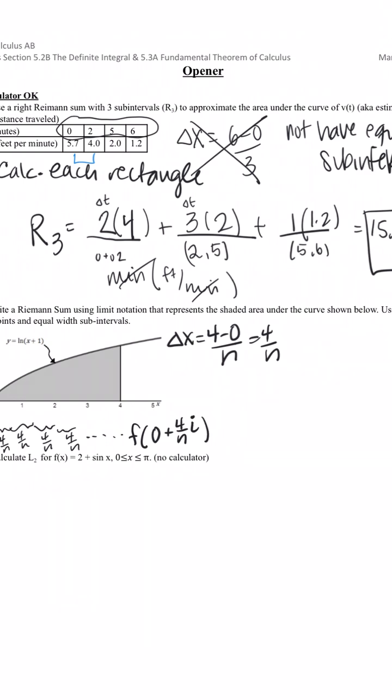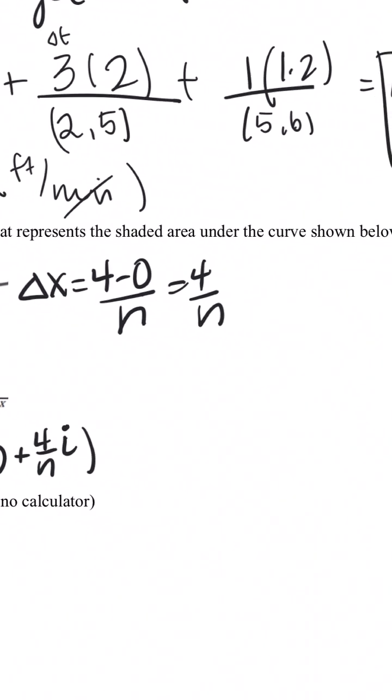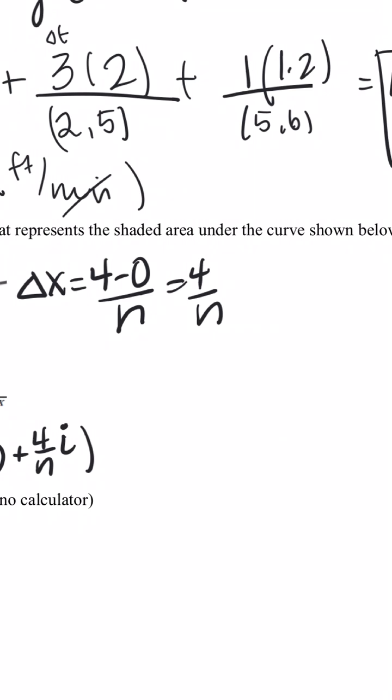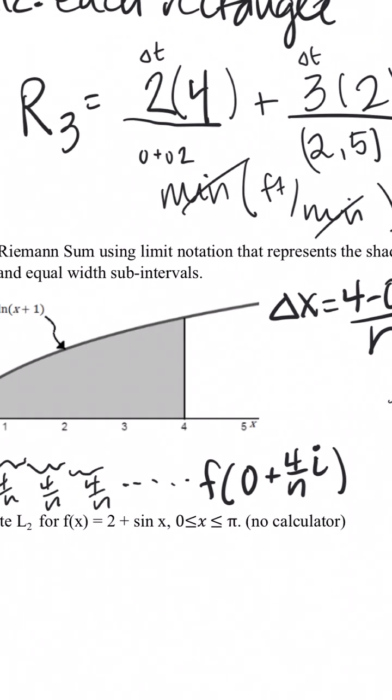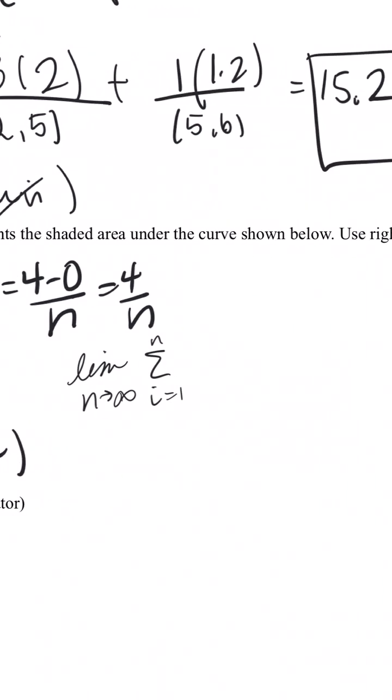All right, so let's zoom in a little bit here. This is going to be the limit as n goes to infinity, sigma i equals 1 to n. And then my function, if I go back and look here, is ln x plus 1.